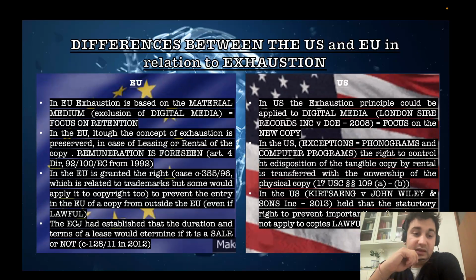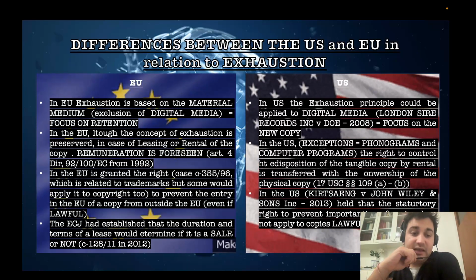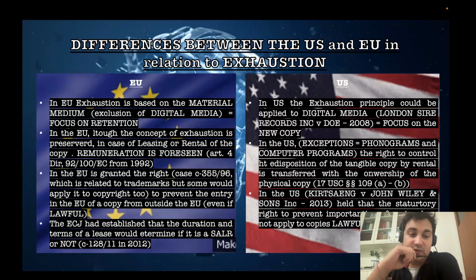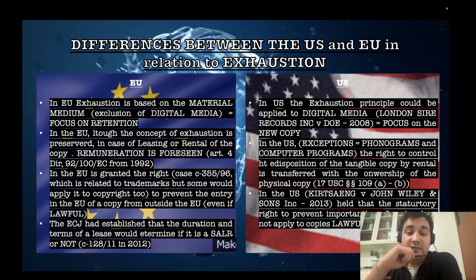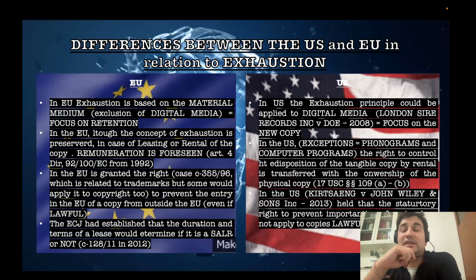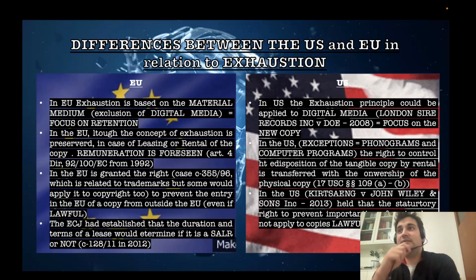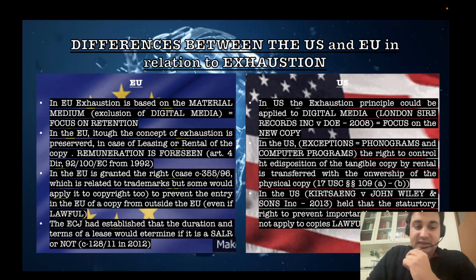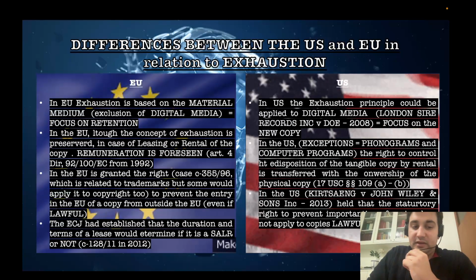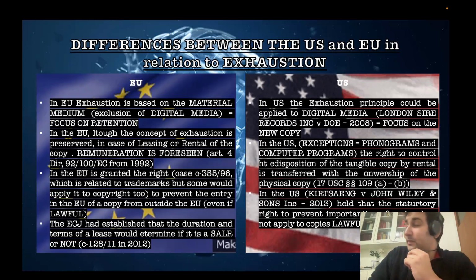Finally, the European Court of Justice established that the duration and terms of a lease would determine if it is a sale or it is not a sale. It's not just enough to have the name. This one is C-128/11 in 2012.